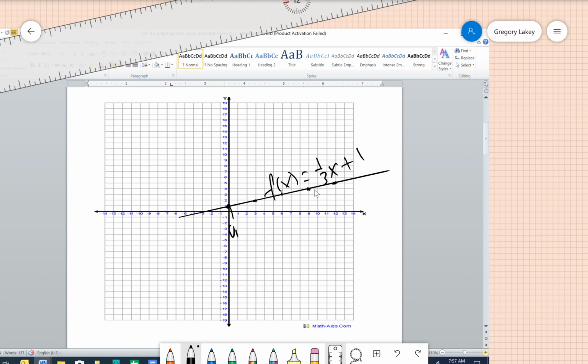You have your ordered pairs. And that's essentially what we are doing. We're going to take the equation of slope-intercept form, go from our slope, derive our pattern based upon the slope, and then graph that equation.